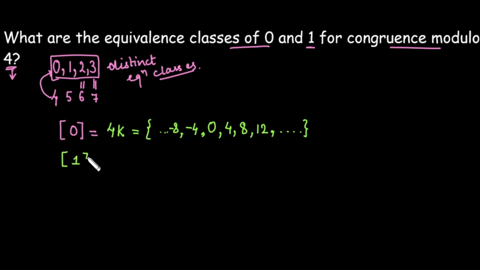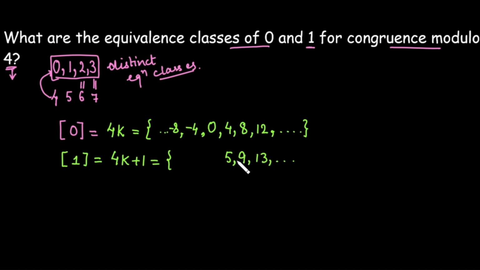Now what is the equivalence class of 1 with respect to modulo 4? It means we have the elements of the form 4k plus 1. So what are the possible integers which when divided by 4, remainder is 1? That is 5, then 9, 13. Continue this.